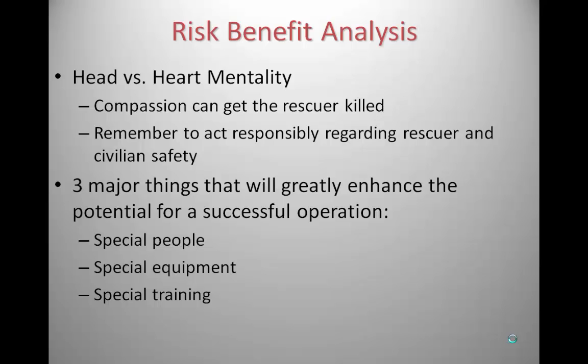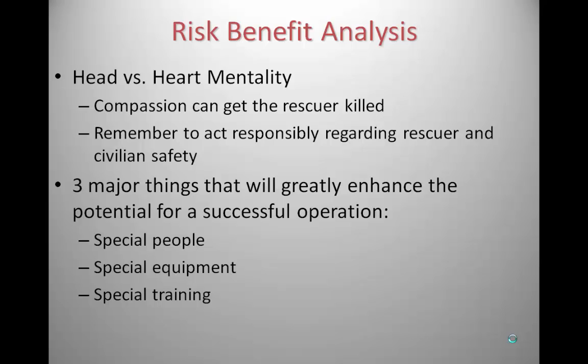Remember to act responsibly regarding rescue and civilian safety. We definitely want to save lives, but if it's at the cost, needlessly, of rescuers, that's not acceptable. So we understand accidents can happen at times. However, most accidents out there have always been pointed back to a reason or a process that could have prevented that accident.